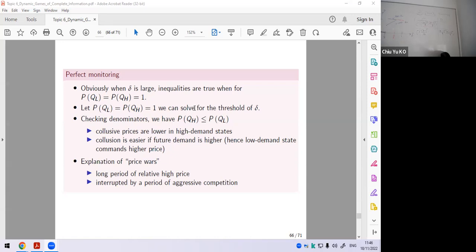You deviate, you gain a little bit, but the future has a lot. So that's why you can collude at a better price.